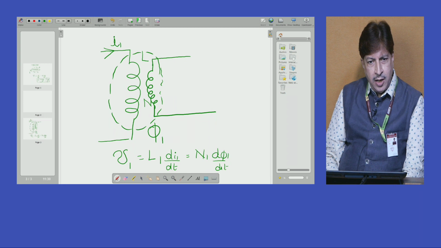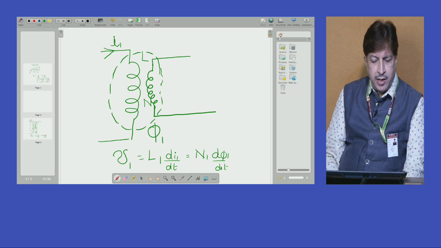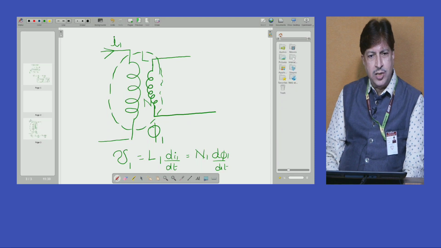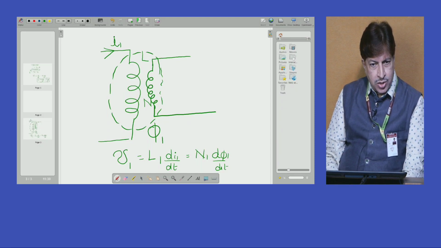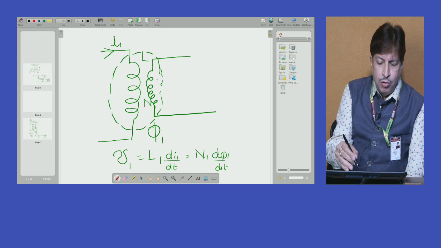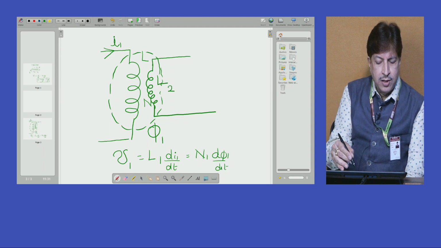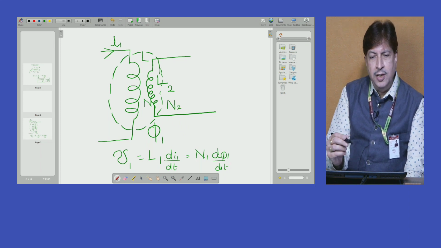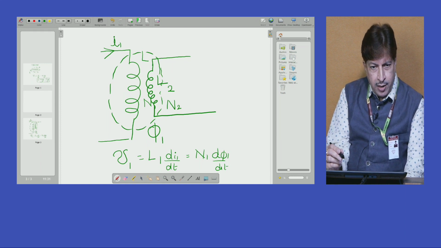This coil is separated from coil number 1 by some distance. Still, this coil number 2, which is having a self-inductance of L2 henries, having N2 number of turns, is within the magnetic field generated by coil number 1.